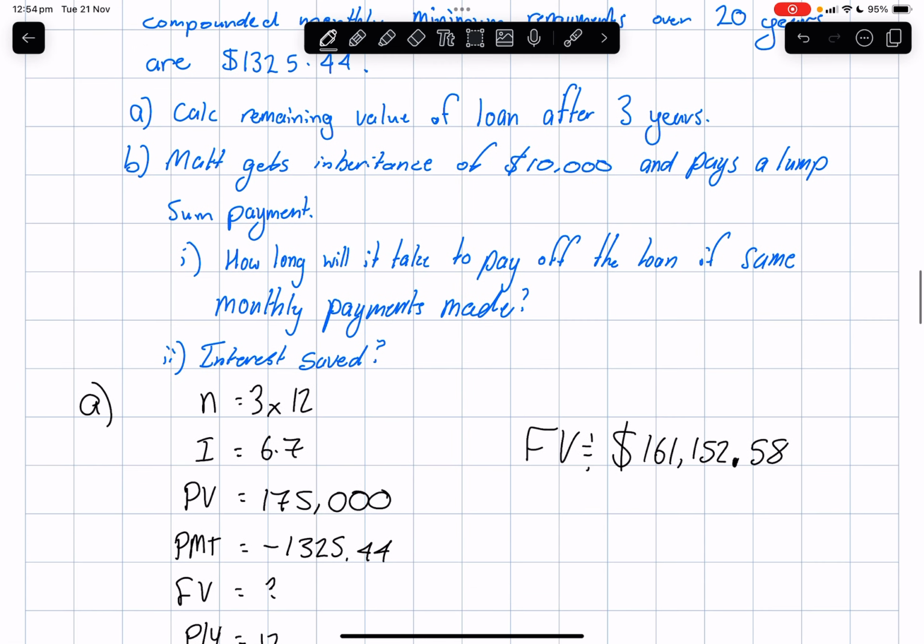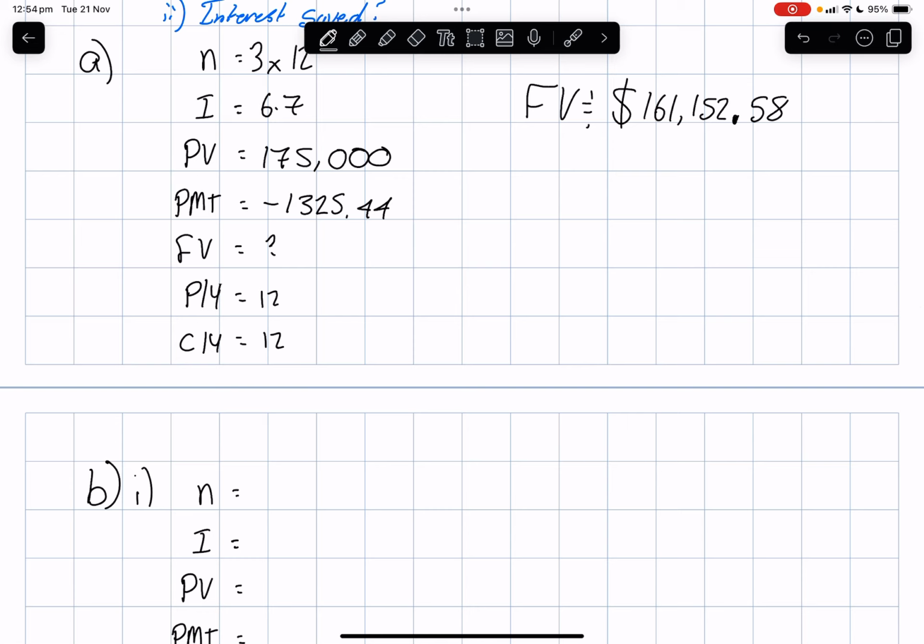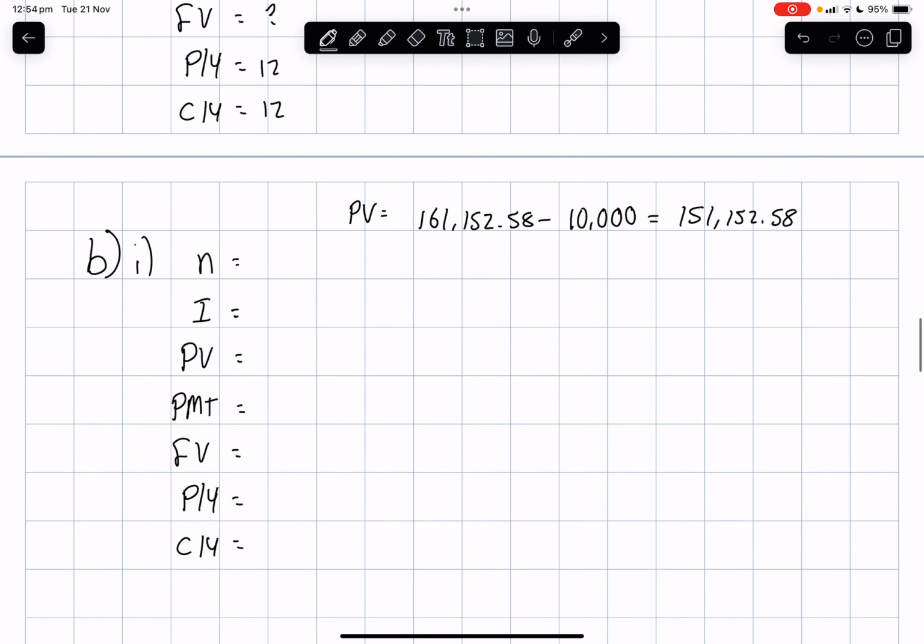Now, we said after the 3 years he inherits $10,000 and pays a lump sum payment. So what we actually need to find is my new PV. That is my loan value after 3 years minus the $10,000, which gives me $151,152.58. So that is going to be my new PV. Let's put that in now.